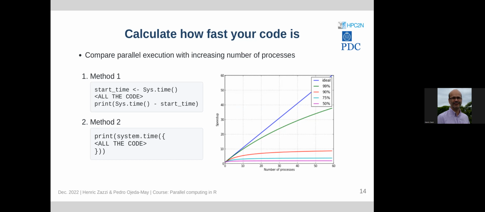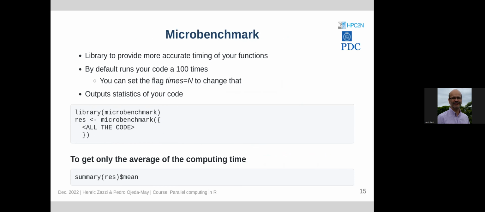But something I also want to mention is microbenchmark. Microbenchmark is a library or package in R that is specifically targeting how to time your functions in R. It's not installed by default, so you have to install it yourself. When you do that, you can just write library(microbenchmark), and then you have microbenchmark like this, with brackets, and you put all your code between those brackets, and then R will benchmark your code.